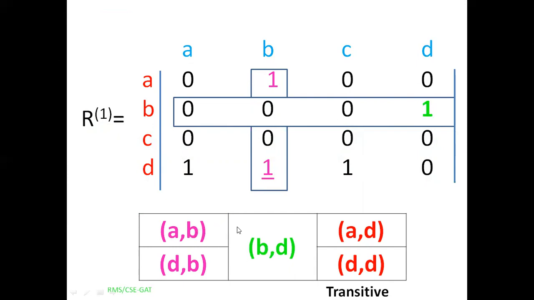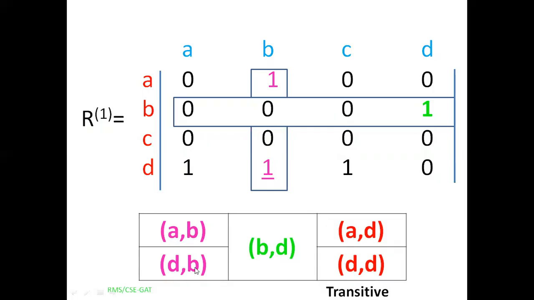So now by merging these, I need to find a new path. Path means more than one edge. Now I need to merge these two edges and find a path. So here A to B and B to D. Here the intermediate vertex is B. So I will get A to D, a new transitive edge.